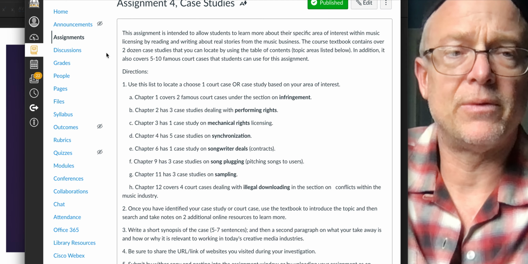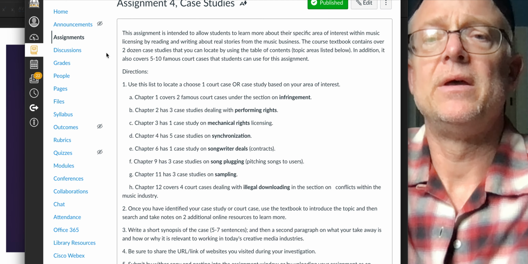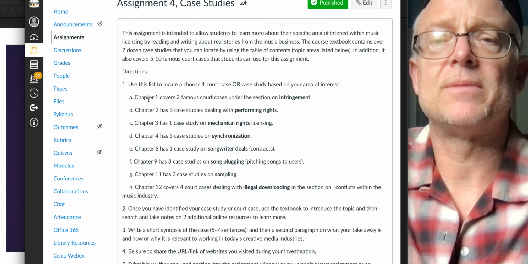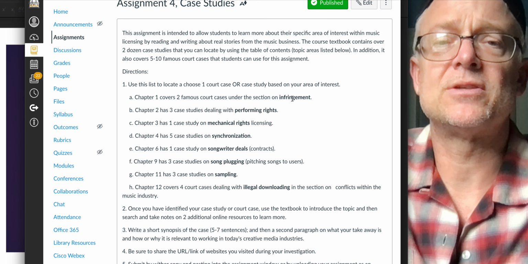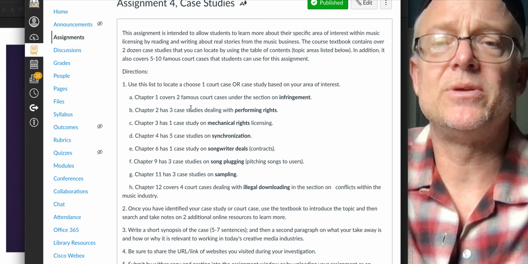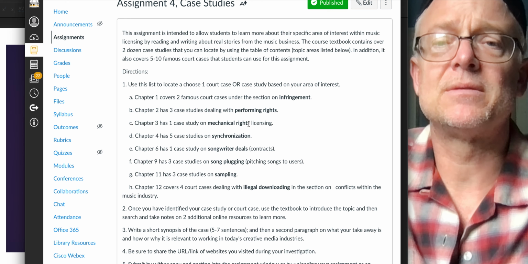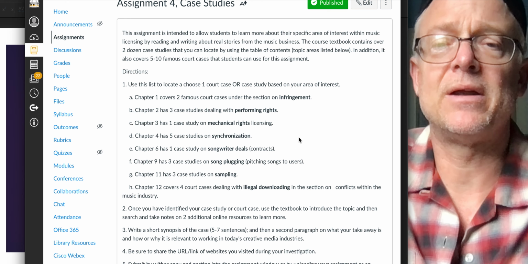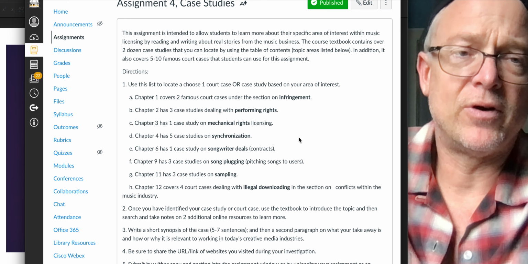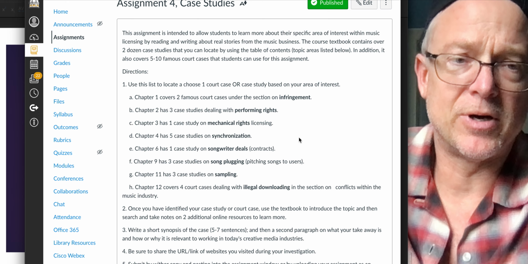There are court cases that are referred to in your textbook. Chapter 1 covers 2 famous court cases on infringement. Chapter 2 has case studies dealing with performing rights. Chapter 3 is on mechanical rights. I'm referring you to areas within your textbook.